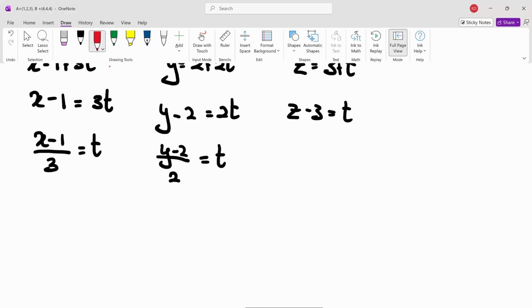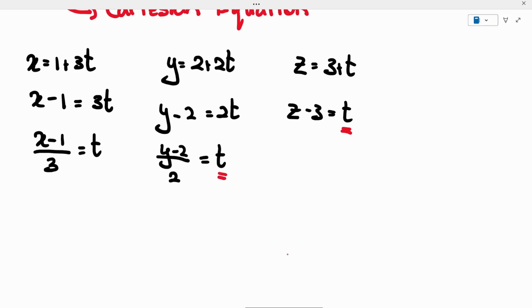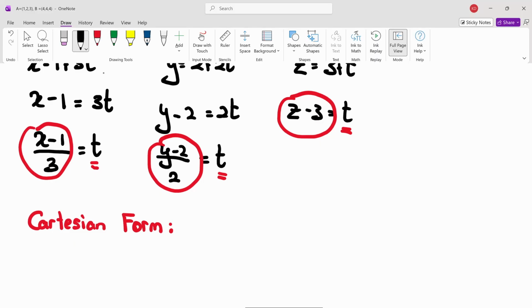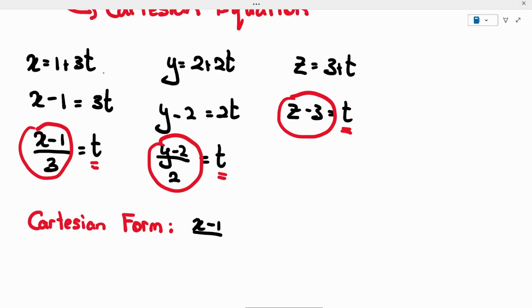So once we do this, from the parametric equations, we see, well, this is equal to t, this is t, and this is t. So we could actually just equate these three values here, right? So the Cartesian equation form is actually just x minus 1 over 3 is equal to y minus 2 over 2, which is equal to z minus 3.